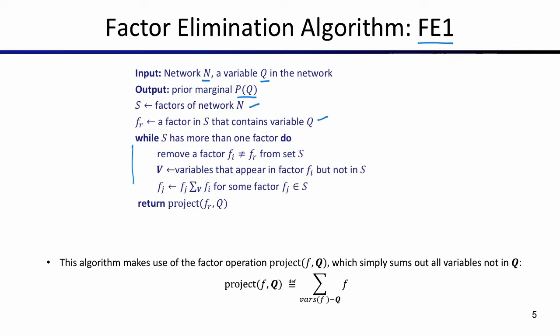So the idea is to remove one factor Fi that is not FR from the set S. So I'm going to pick one factor that is not FR, and FR is the factor that has the variable Q. So I'm going to choose another factor that is going to be eliminated. And we're going to call V the variables that appear only in the factor Fi, but do not appear in any other factor that is in S. So these variables in V are exclusive to Fi.